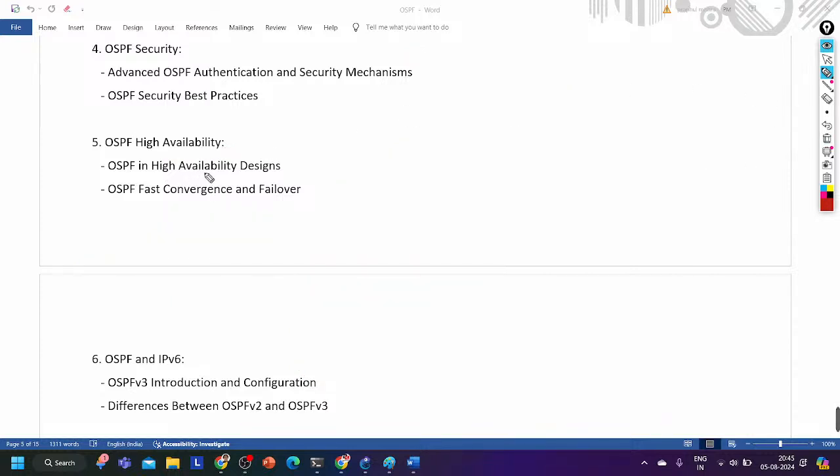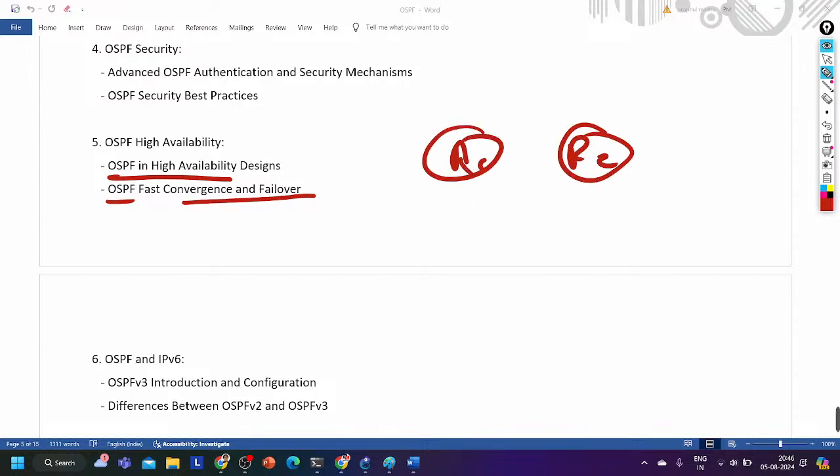So there is the concept of OSPF in high availability design. How to design for high availability. After that, OSPF fast convergence and failover, like I told you, failover. How to configure load balancing. Let's say between ISP1 and ISP2, I want to achieve load balancing, right? I want to forward 50% traffic to ISP1, 50% traffic to ISP2.